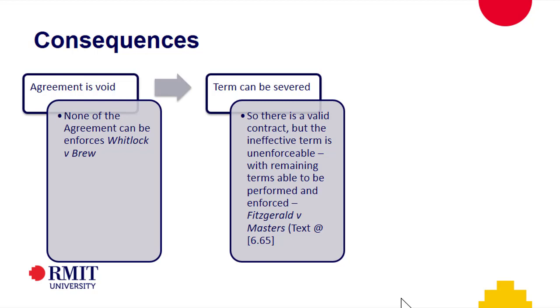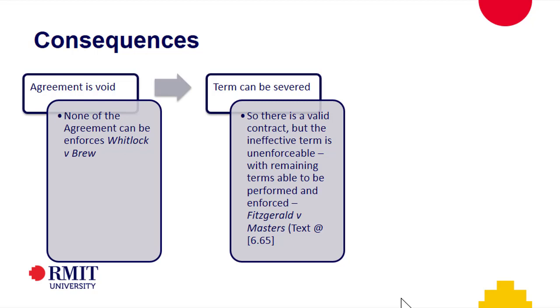We just had the removal of that term. So in Hunter Valley, for example, that's what Freezer and Chilling Company wanted. They wanted to say, that term's so uncertain, it's void for uncertainty, that term should be taken out of our agreement altogether. They weren't arguing the whole contract should fall over. We never had a contract in the first place.